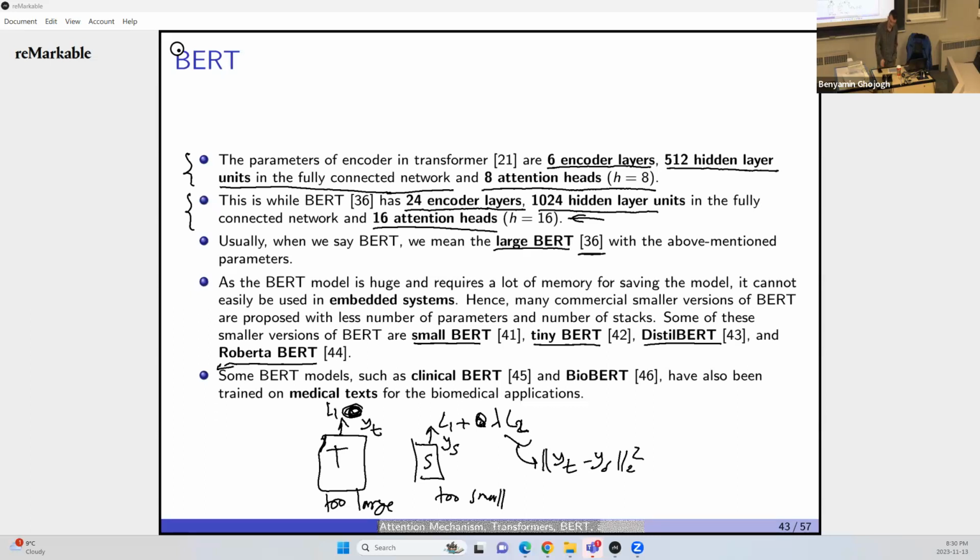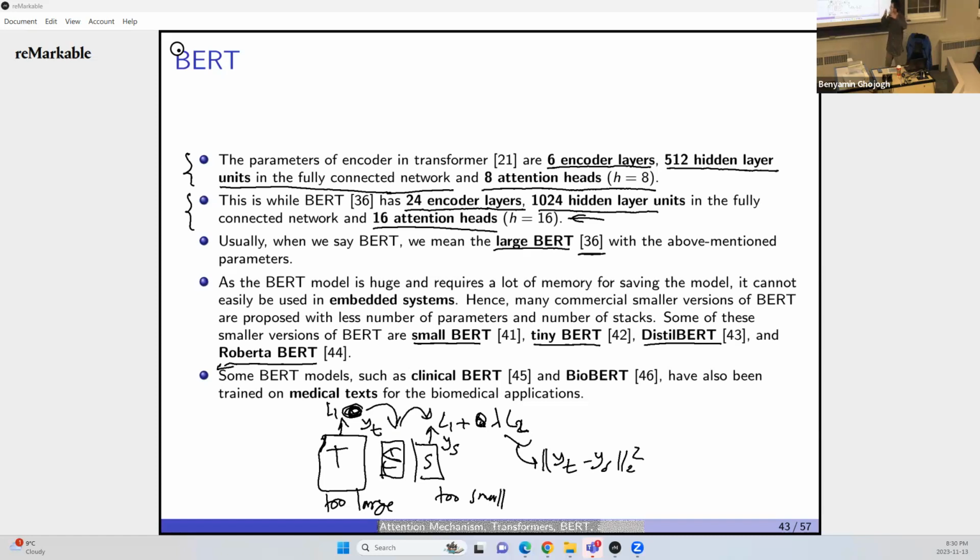They add a third network in the middle called the TA network, teacher assistant network, whose size is between the teacher and the student. It helps distill knowledge from the teacher to the teacher assistant, and then from the teacher assistant to the student.